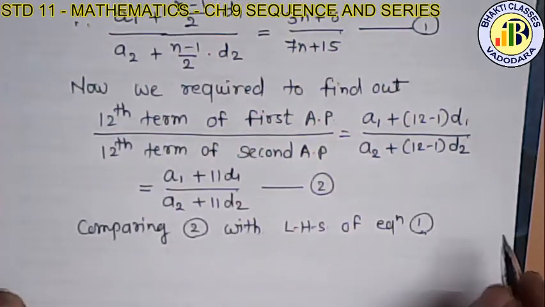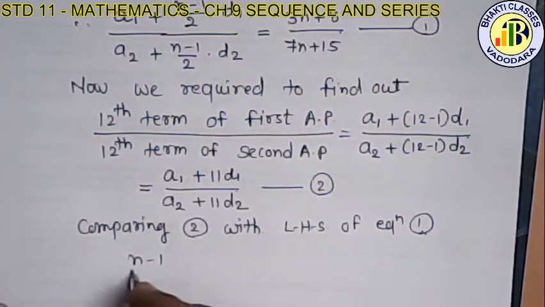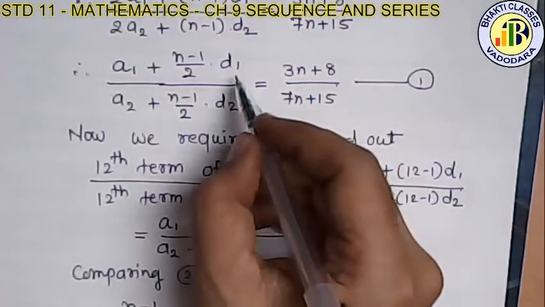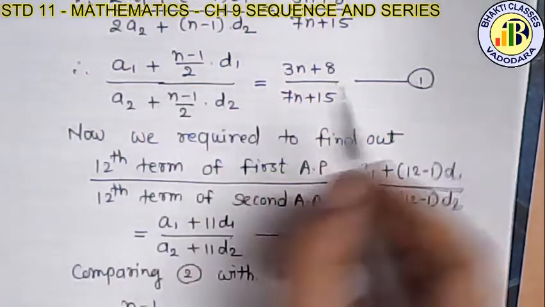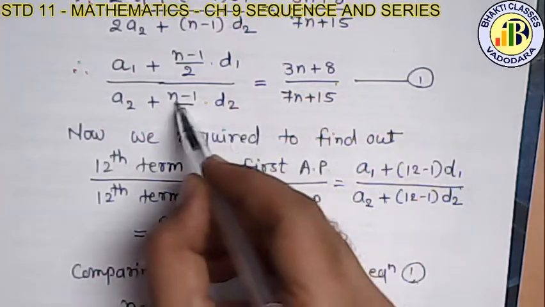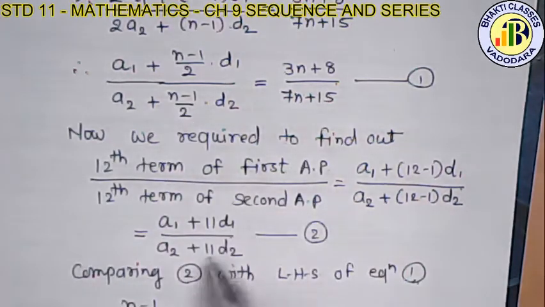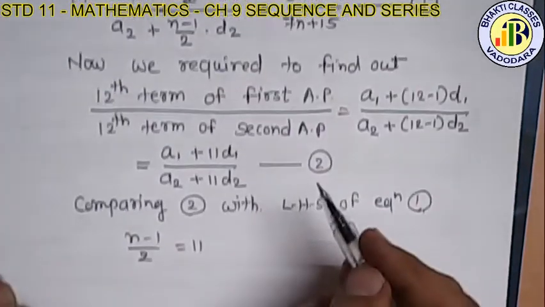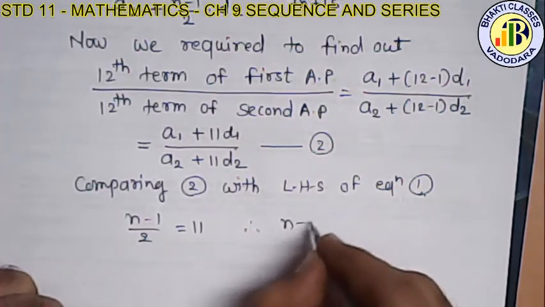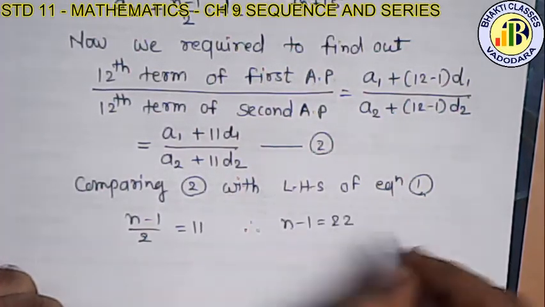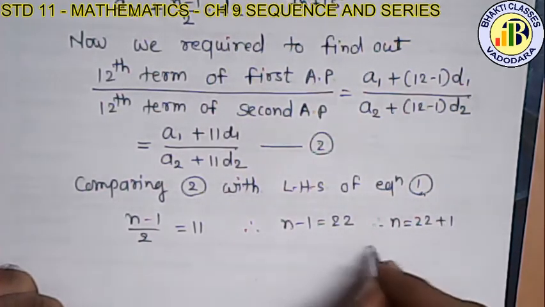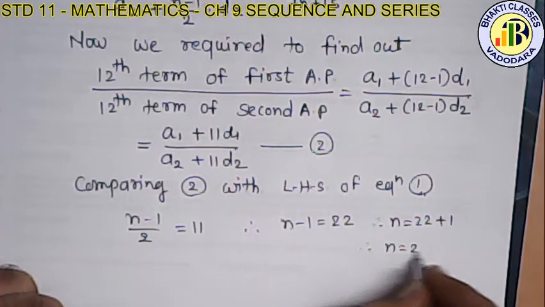So we would have (n minus 1) by 2 is equal to 11. यहाँ पर d1 के साथ क्या है, (n minus 1) by 2. यहाँ d1 के साथ क्या है, 11. यहाँ d2 के साथ क्या है, (n minus 1) by 2. यहाँ d2 के साथ क्या है, 11. सो दैट वी कैन फाइंड आउट n. सो n कैसे मिलेगा, n minus 1 is equal to 22. Therefore n is equal to 22 plus 1. Therefore n is equal to 23.